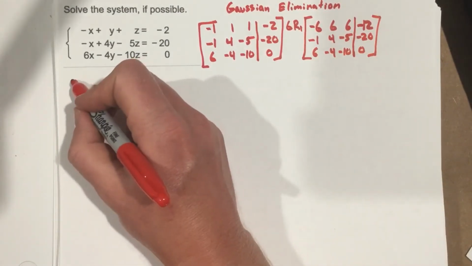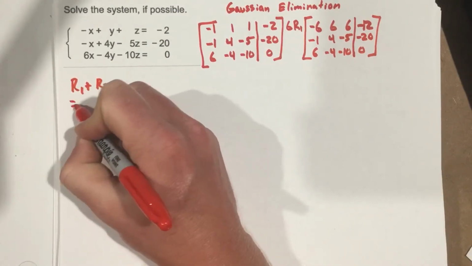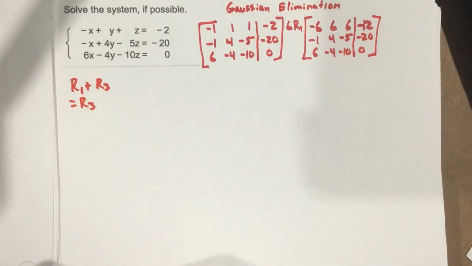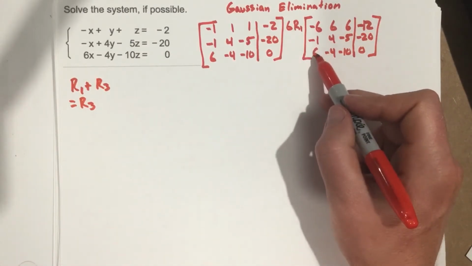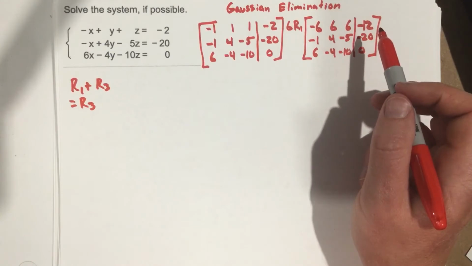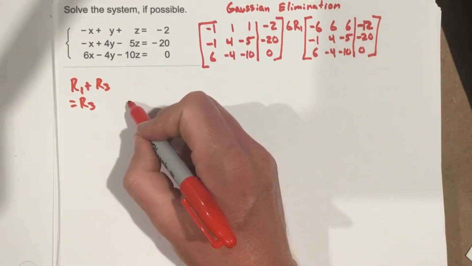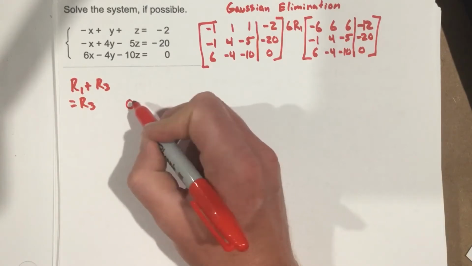We're going to take row 1 plus row 3. That's going to equal row 3. As we do that, we're going to get 0 on the bottom left.